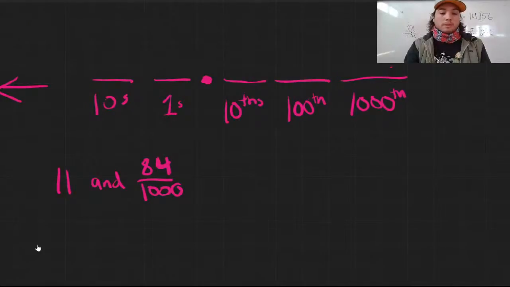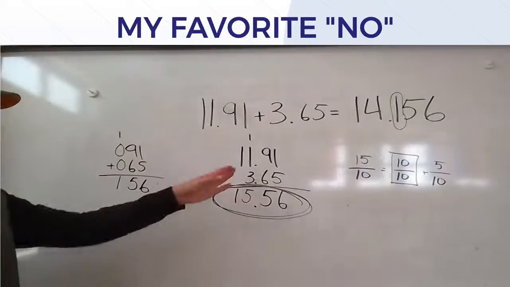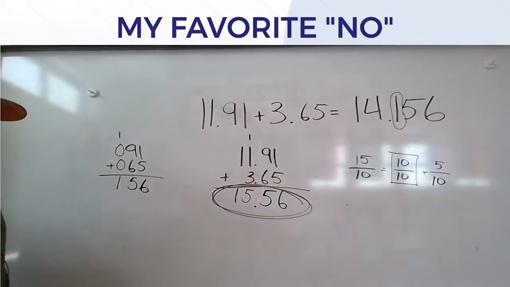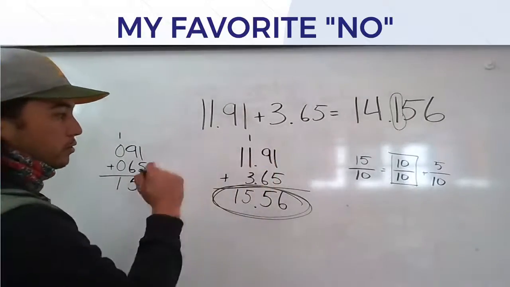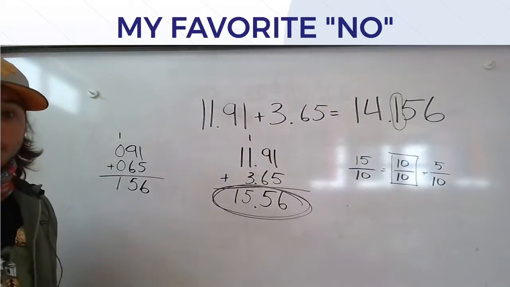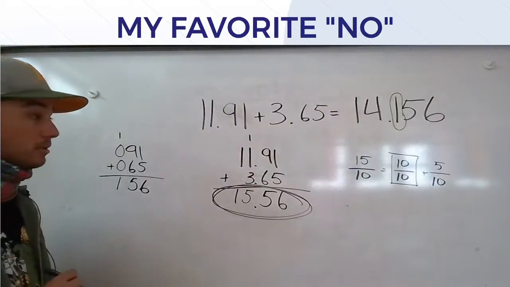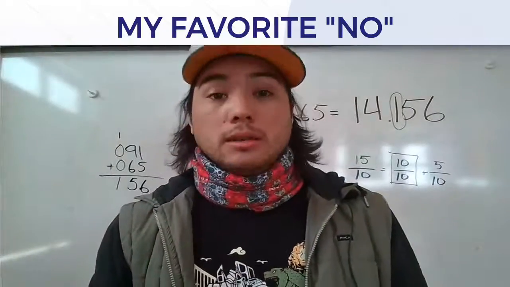Okay, and then we're going to do some adding. So remember, with the adding, just like we did back here, write it out in vertical form. Keep the decimal points lined up. And if you need to regroup in the tenths place, you regroup it to the ones, because 10 tenths equals 1. All right, good luck.